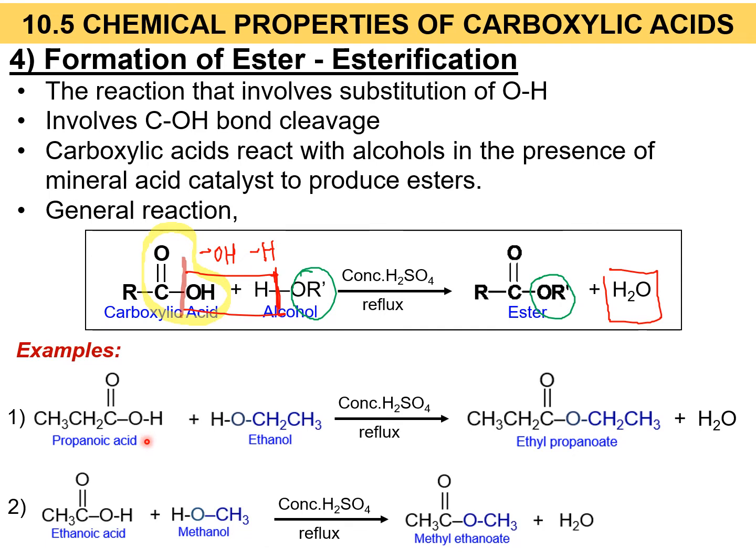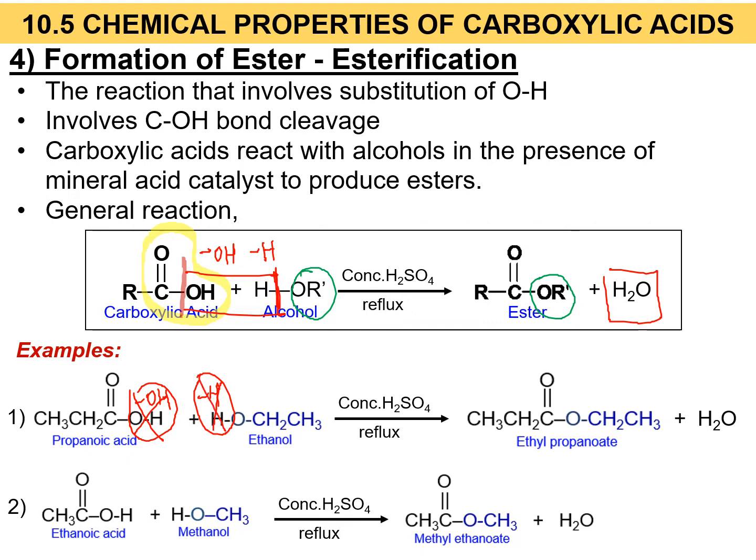Okay, so kalau esterification, you need to remember, kalau carboxylic acid dia akan lose OH. Okay, so this one kita akan buang. And then kalau dia react dengan ethanol in the presence of acid catalyst H2SO4 and condensation reflux untuk menghasilkan ester. So ethanol ni adalah alkohol. So dekat alkohol dia buang apa? Kat alkohol dia buang hydrogen.